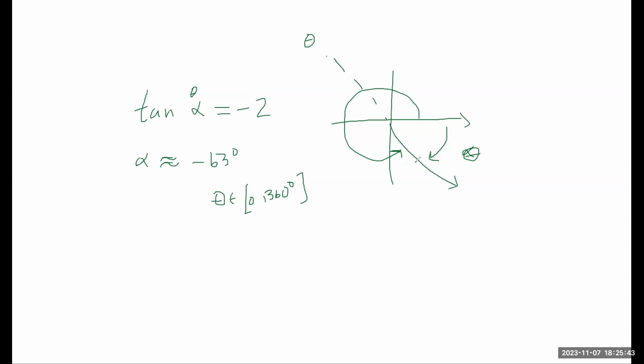We do that by adding 180 degrees. If we subtract, we get a negative answer. If we add 180 degrees to this, that'll put us in quadrant 2. So let's go to the calculator.